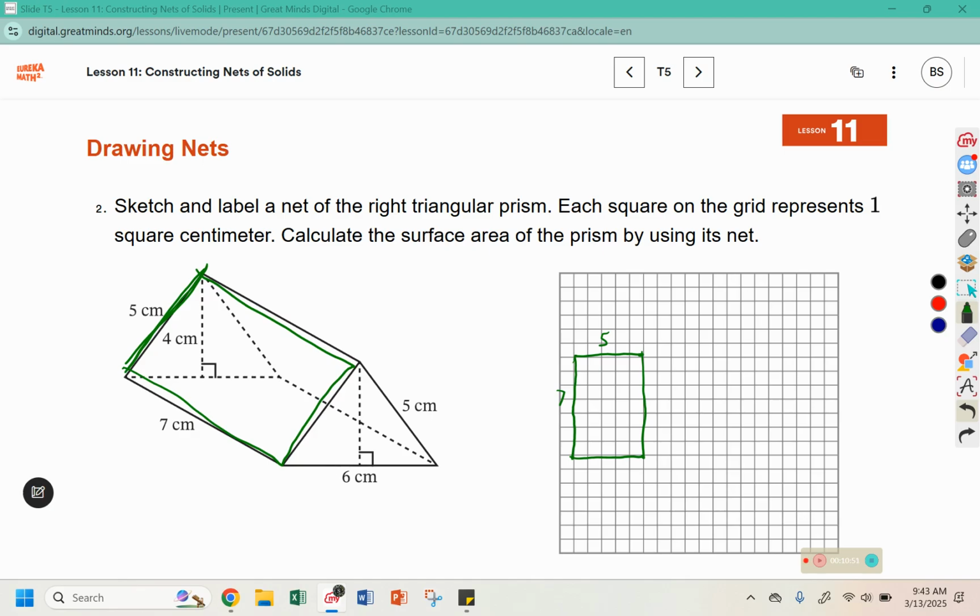Connected to that 5 by 7, I have a 6 by 7 rectangle. And then connected to that, we have another 5 by 7 rectangle.